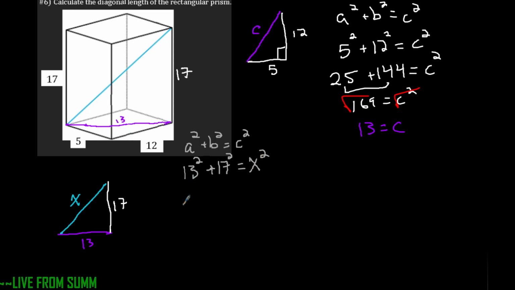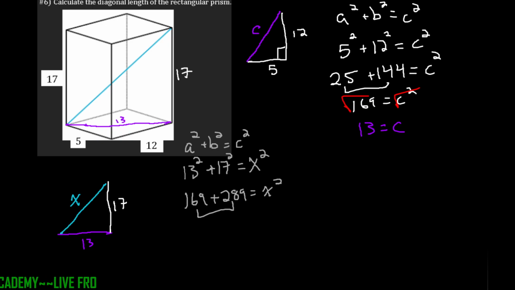And so then we find these lengths. I have 13 squared is 169. Pretty sure that's 289, but let me double check. So we said, let me clear these out real quick. Let's do 17 squared is 289, yep. Plus 289 is equal to x squared.